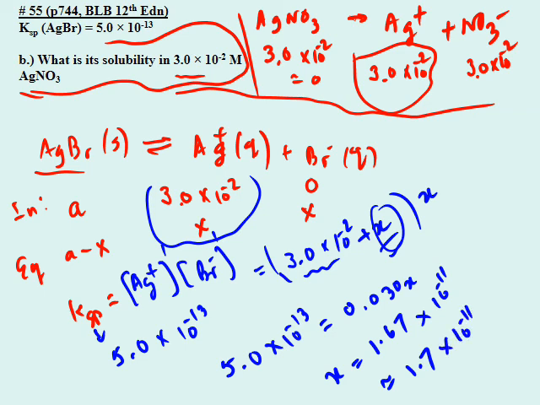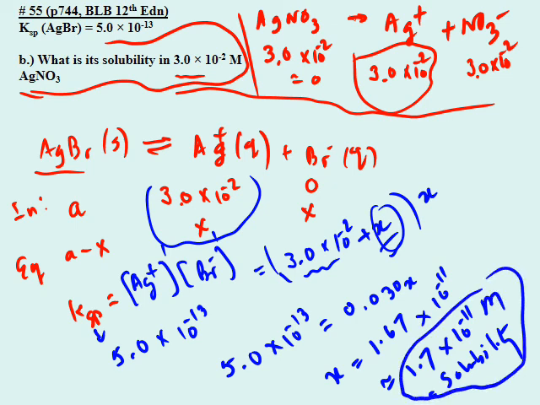So this is the solubility and answer to this question. So this is the molarity. So this is the solubility of silver bromide when 3.0 times 10 to the negative 2 molar of silver nitrate is present in the solution.